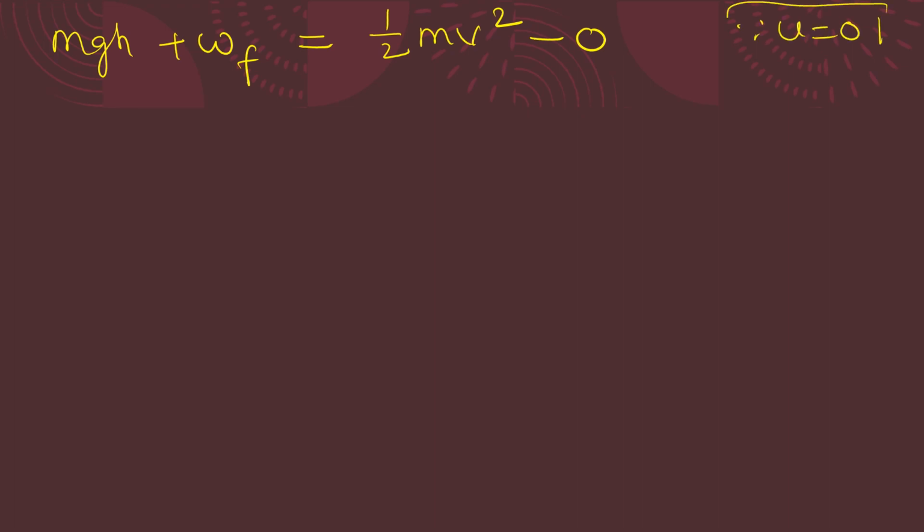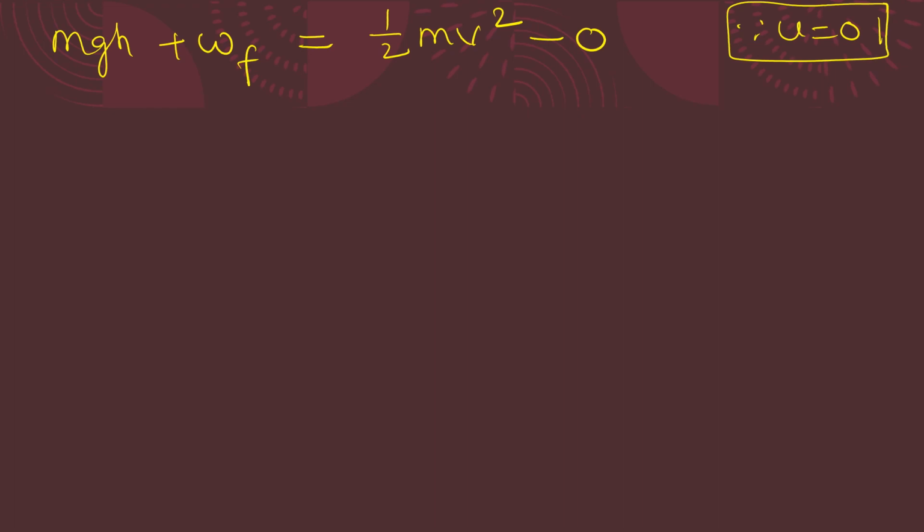So mgh plus Wf, that is work done by air resistance, is equal to the final kinetic energy, which is half m v square, minus the initial kinetic energy, which is 0 since u is equal to 0.